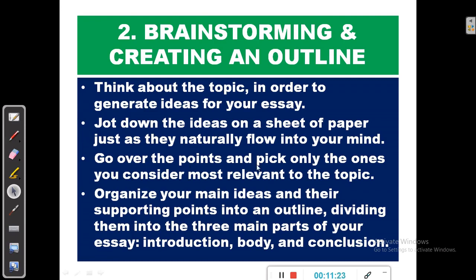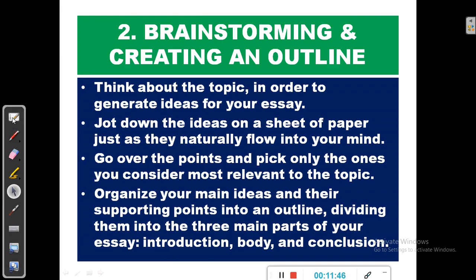Then go over the points and pick only the ones you consider most relevant to the topic. Organize your ideas and their supporting points into an outline, dividing them into the three main parts of your essay: introduction, body, and conclusion. So you see that is exactly what you need to do.